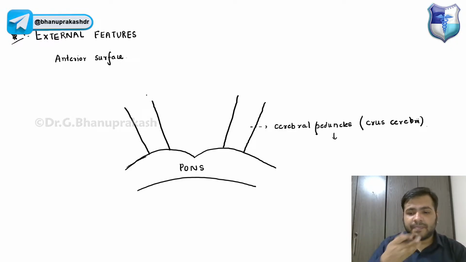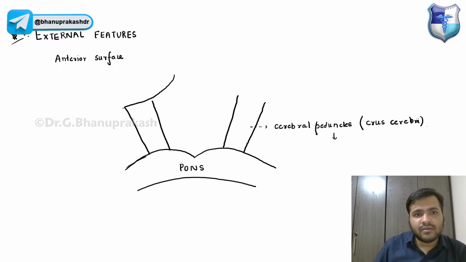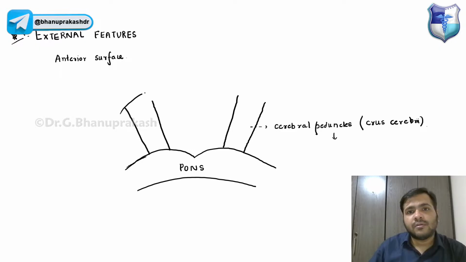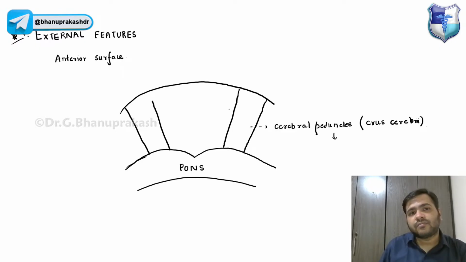Now before that, guys, let us just try to see over here. We will have a tract over here, and that is called the optic tract, which is now going to cover this. I'm just trying to show you the boundaries first.